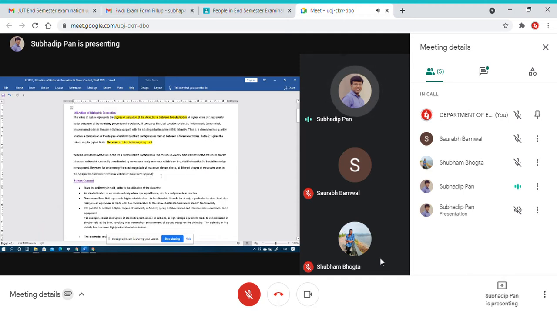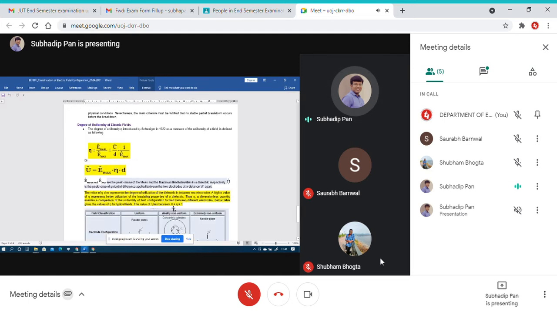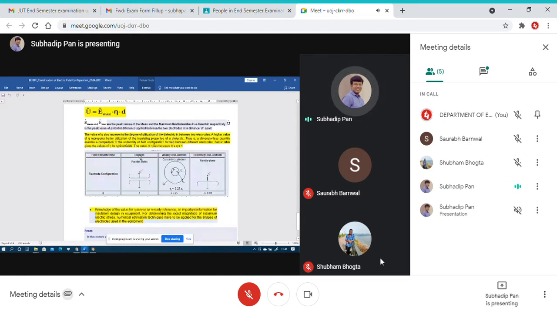So what does it mean? For defining the factor mu, we are considering different electrodes of different shapes, right? In this structure, we are describing three different shapes of electrodes.